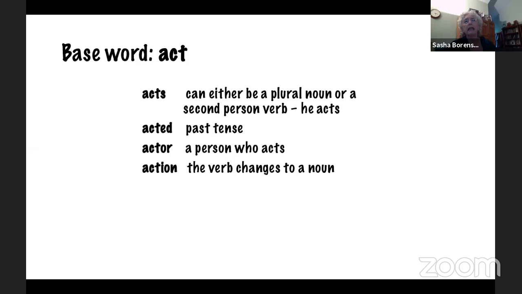And finally, action. Act, I'm going to call a verb, and we're putting the ION on it. And so that verb changes to a noun. So is that inflectional or derivational? Okay. It is derivational.